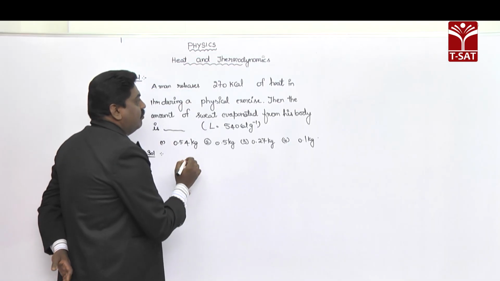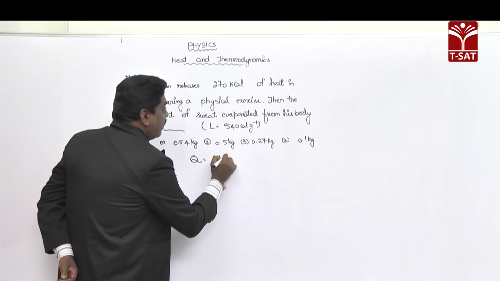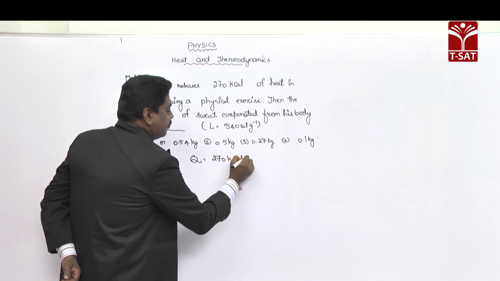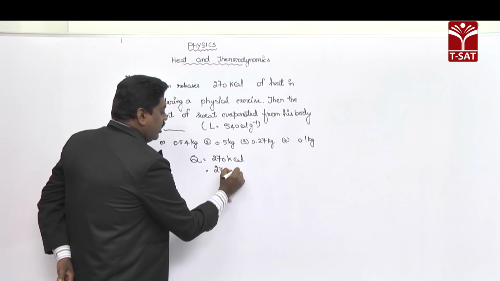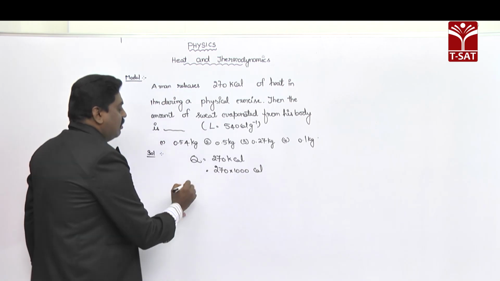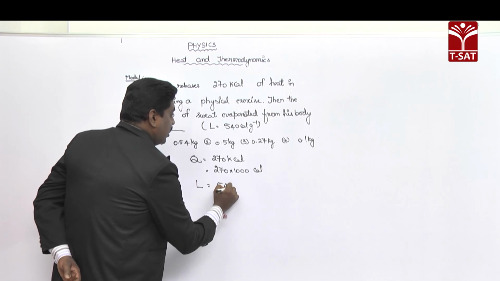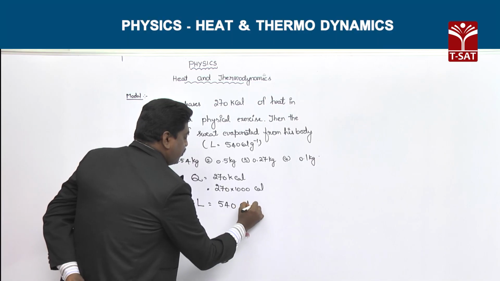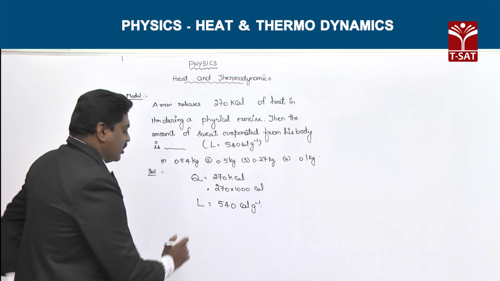In the given problem, we are given Q is equals to 270 kilocalories, which can be written as 270 into 1000 calories, and we are given the latent heat as 540 calorie per gram, and we want the mass here.